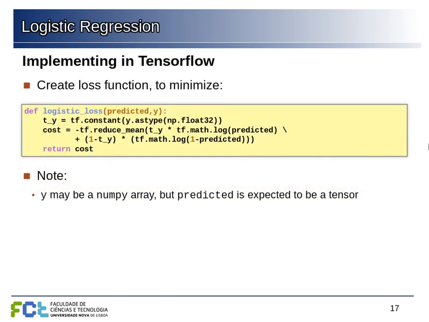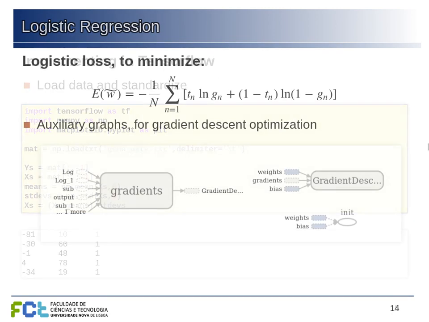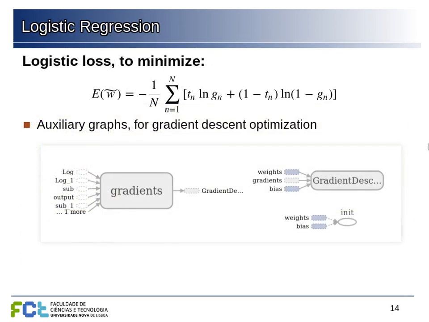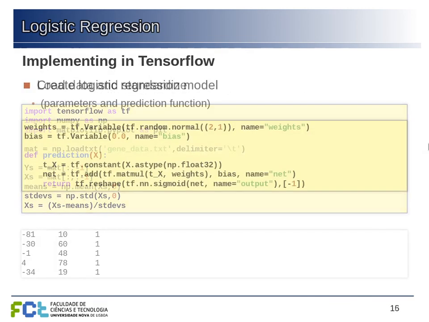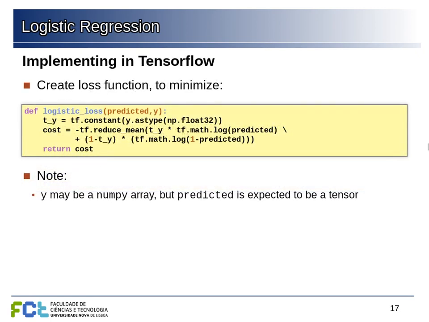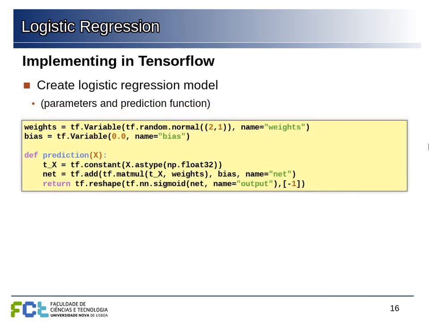Now we need to compute the loss. This is the loss function here. This is the predicted probability. This is the actual label for each example. So the loss function will be, let's assume that the predicted probability is a vector, is a tensor with 1 dimension, which we obtained here.